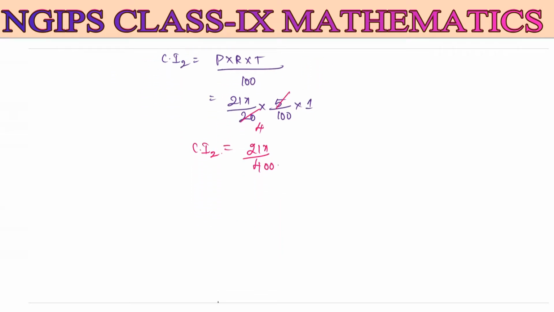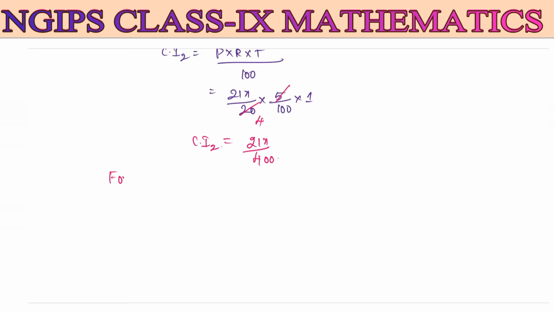Now for 2 years we need to calculate. For 2 years, compound interest is equal to first year compound interest plus second year compound interest.